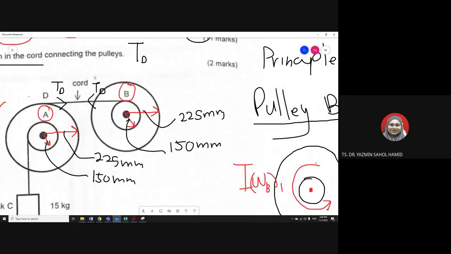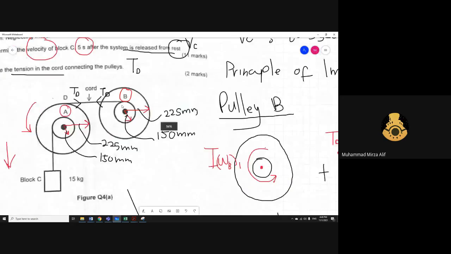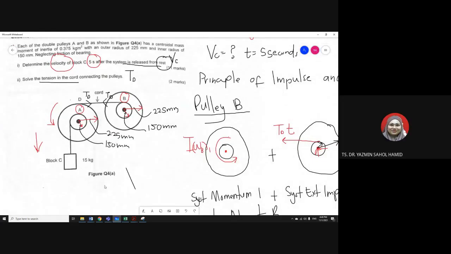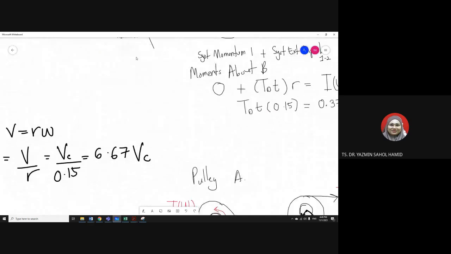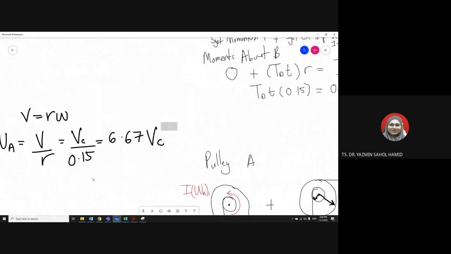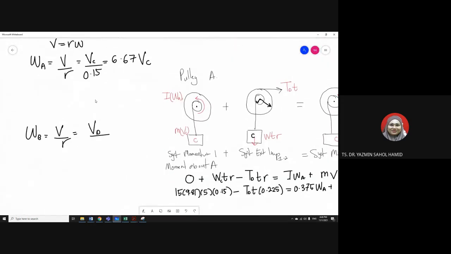Inner. Again inner. Okay, good. The inner is again 0.15. But as you notice, the answer is in terms of VD, so we need to change this VD into VC.